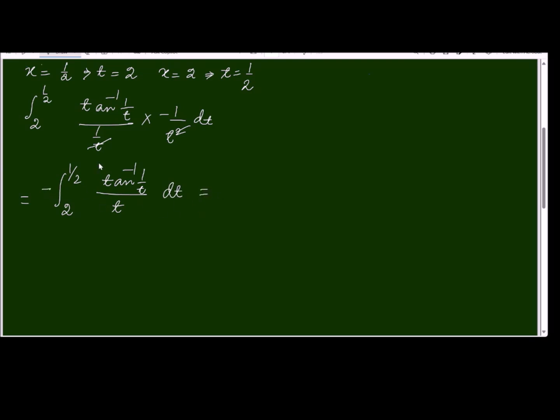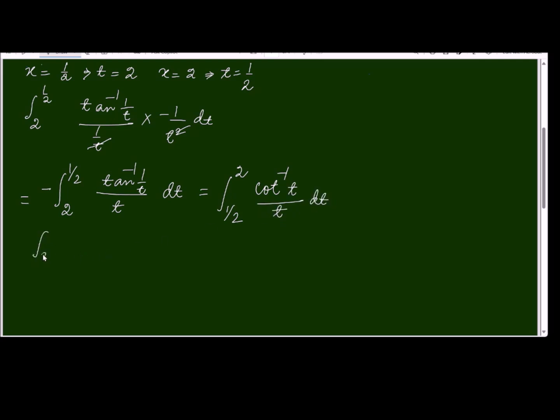So again I am using the property. I'll remove this negative, changing this limit. So it will be again half to 2, and tan inverse 1 by t can be written as cot inverse t over t dt.